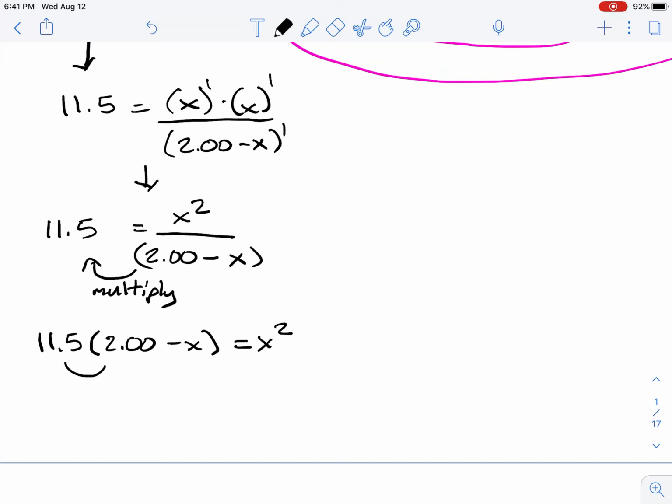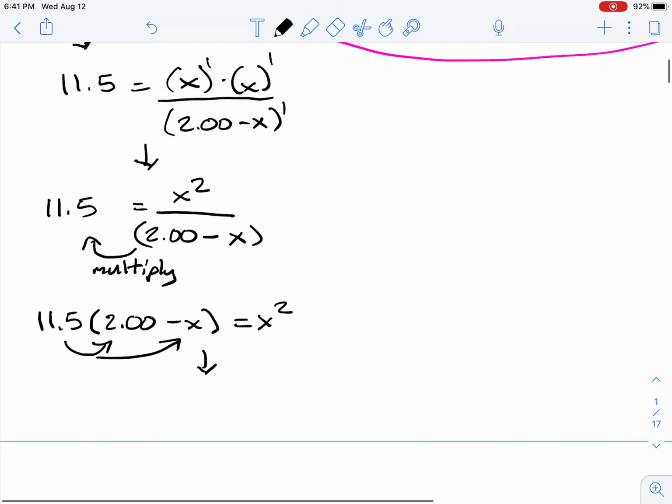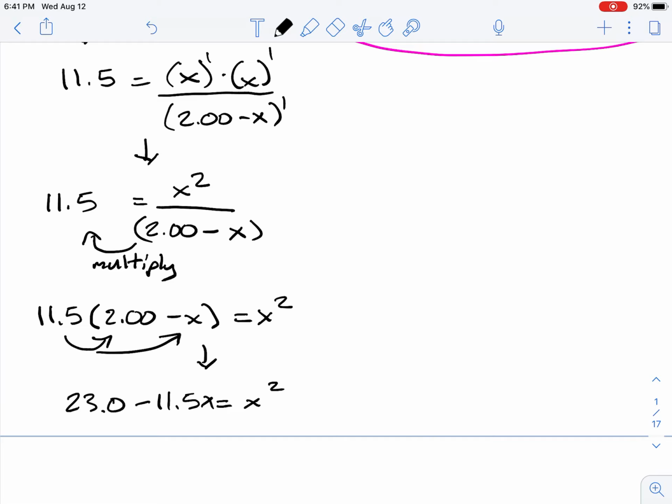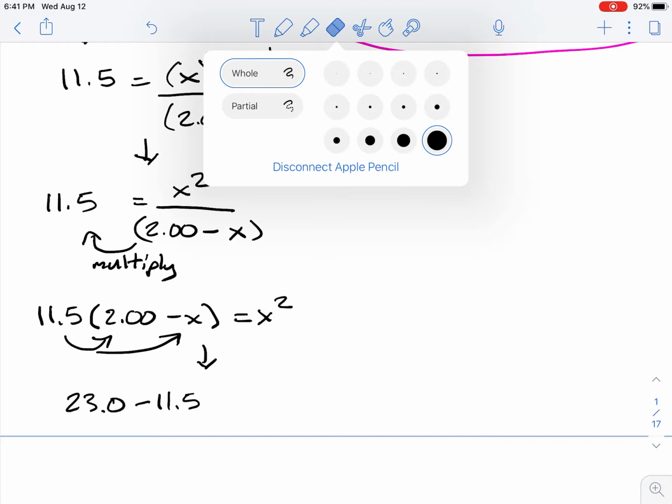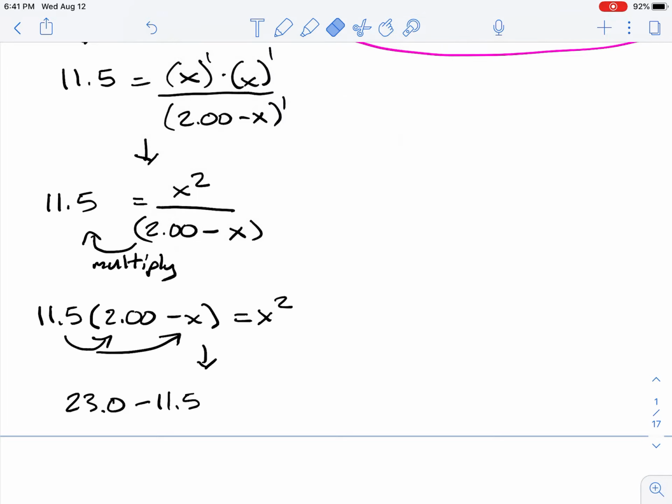And so if we distribute, what we then get is 23.0 minus 11.5x equals x squared. Oops, minus x. Let me erase that real quick. So it's minus 11.5x equals x squared.